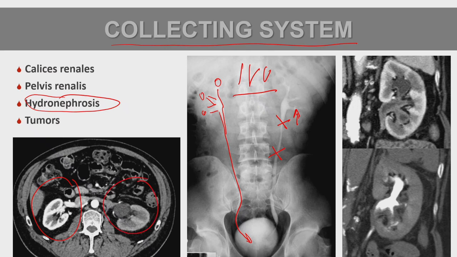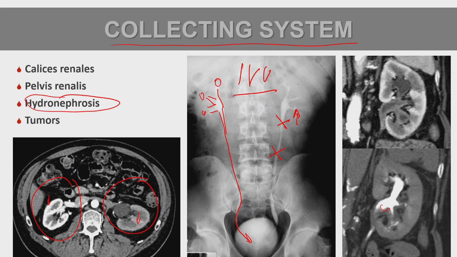Here is a typical patient with acute hydronephrosis, and you can see decreased density, decreased white color on the affected side, because blood flow and contrast agent is not much enhancing the kidney parenchyma.